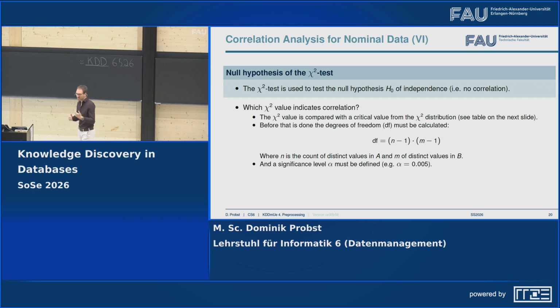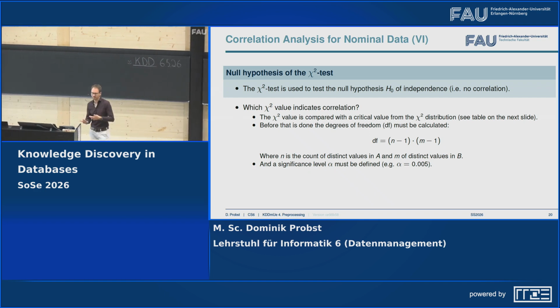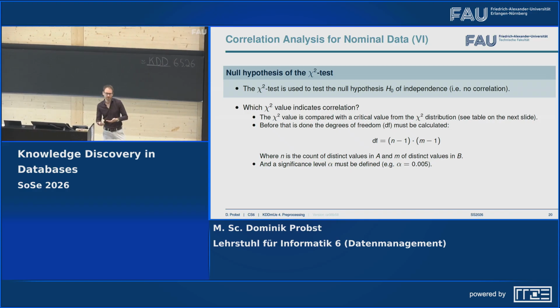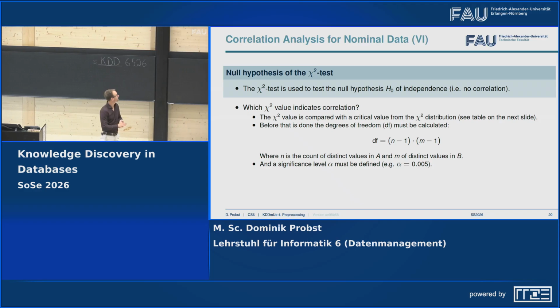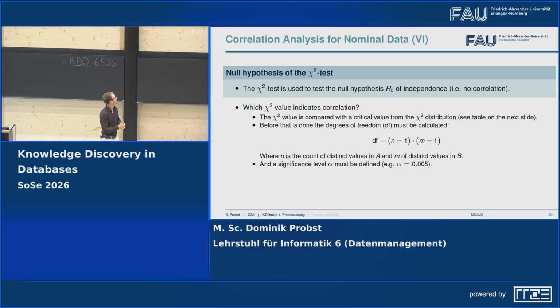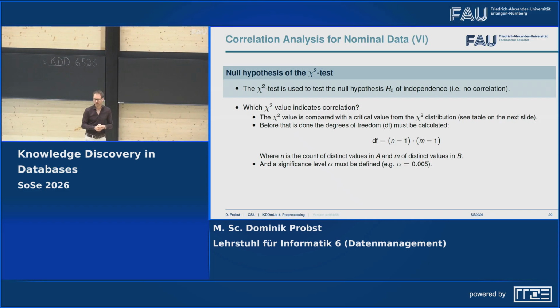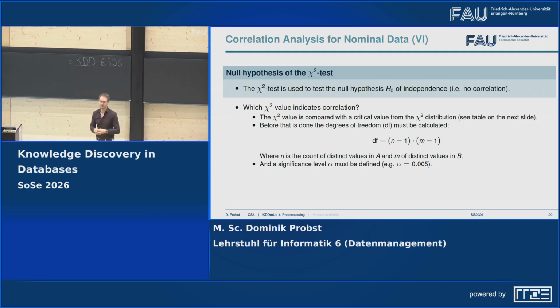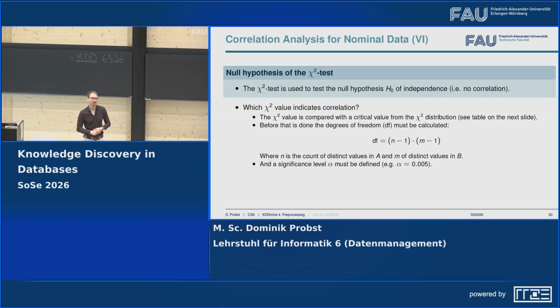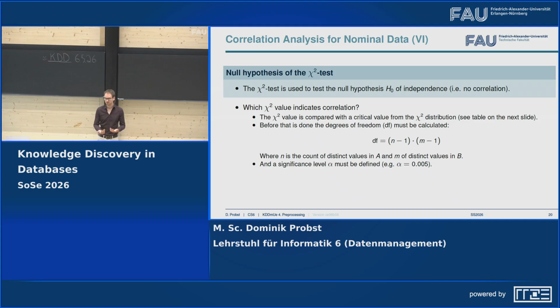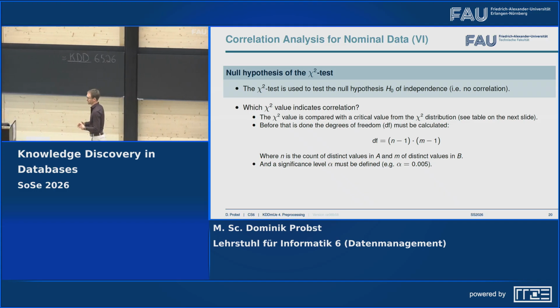So every test has some degree of possible failure in there. If we define the significance level alpha as, for example, 0.005, it's a pretty low significance level. So we are only tolerating a very low possibility of failure.